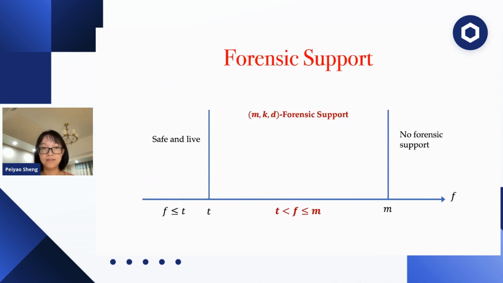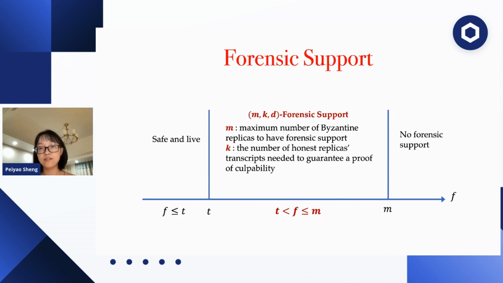We use a triplet M, K, D to formalize the forensic support, where M is the maximum number of Byzantine replicas under which the forensic support can be provided. K is the number of different honest nodes whose transcripts is needed to guarantee a proof of culpability. And D is the number of Byzantine replicas that can be detected.